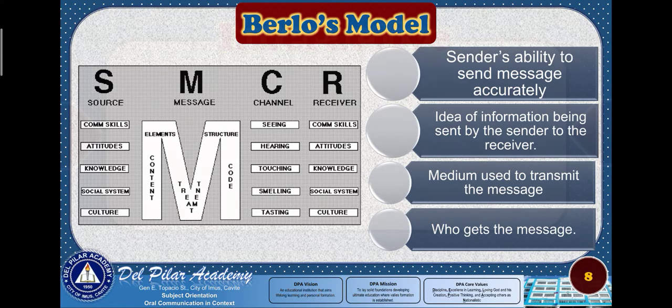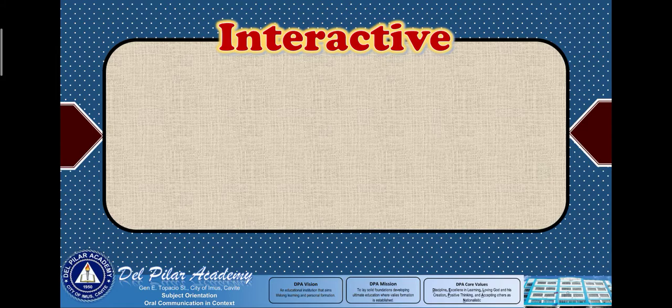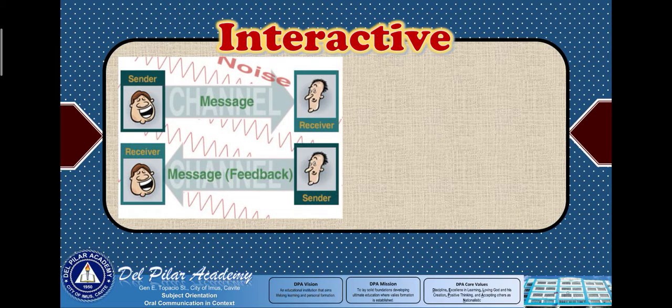Next, let us go to interactive. The main flaw in the linear model is that it depicts communication as a one-way process only, where speakers only speak and never listen. It also implies that listeners listen and never speak or send messages.